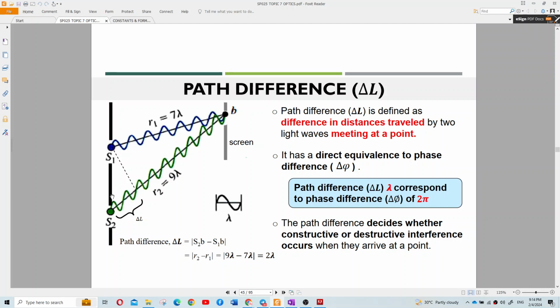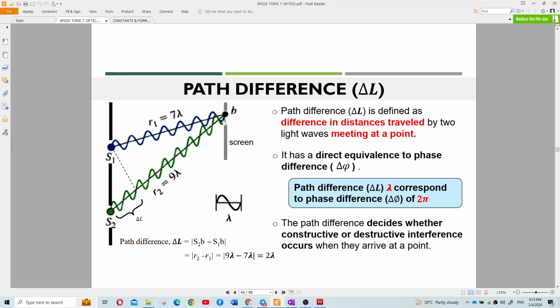Like in this example, the distance for S1 is 7 lambda. For S2 the distance is 9 lambda. So what's the difference between the lengths? What's the delta L? You just take 9 lambda minus 7 lambda, you get 2 lambda. So in the end, what do you get, class?